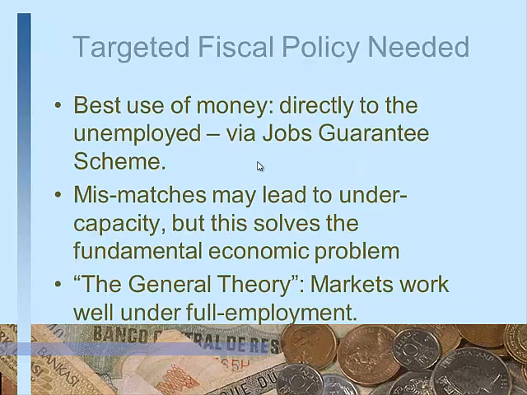if you have a general aggregate non-differentiated policy. So what we need is targeted fiscal policy. We need to give money to the sectors which are in need, and what the book says is that the right scheme is the job guarantee scheme, directly to those people who need it. Not in the form of the BISP program, which just gives people money to buy food.